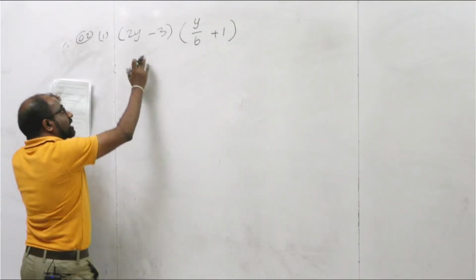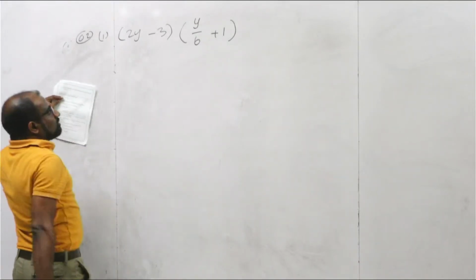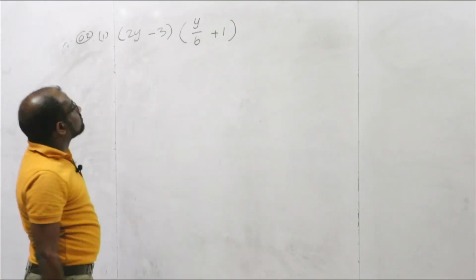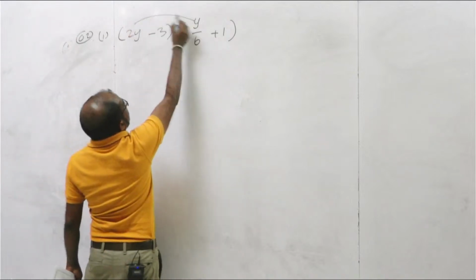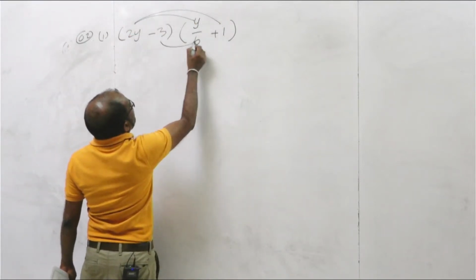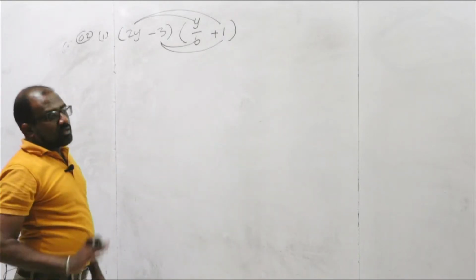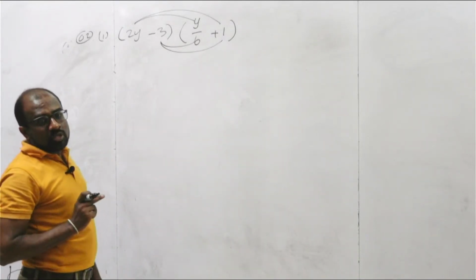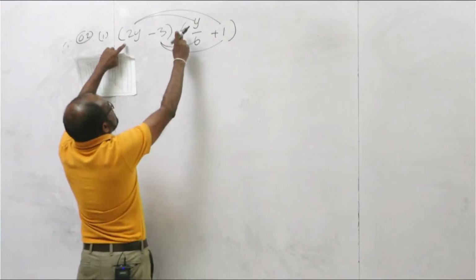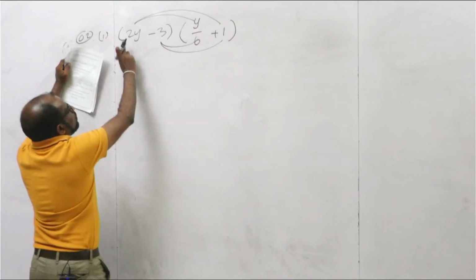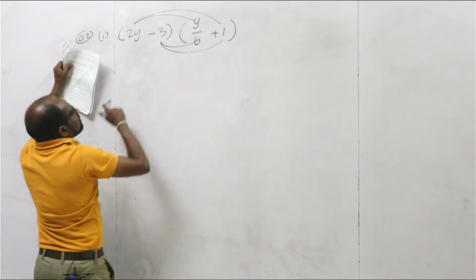We did this in grade 9, but these coefficients and fraction parts come in grade 10. Each term should be multiplied by each term. Beware of the symbols. Same sign, plus and plus, is plus: 2y into y over 3.